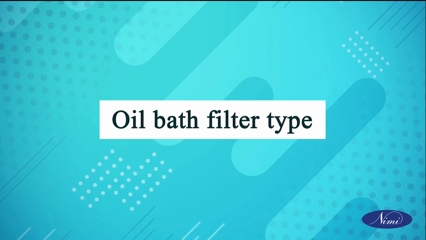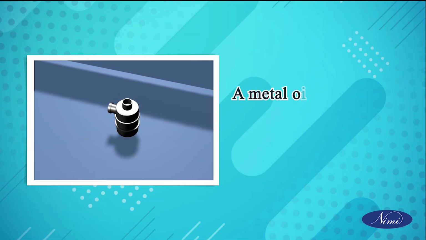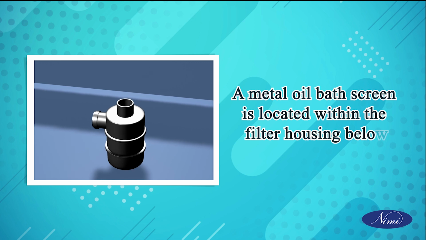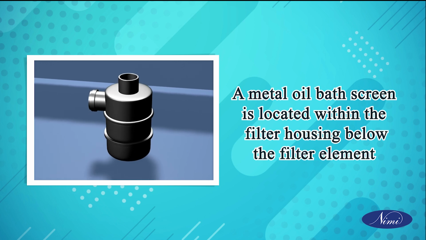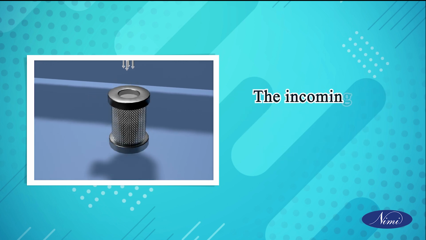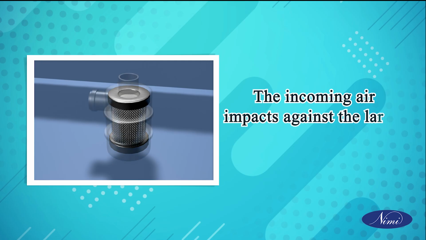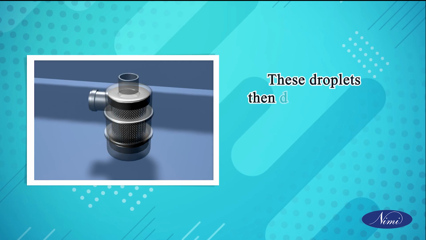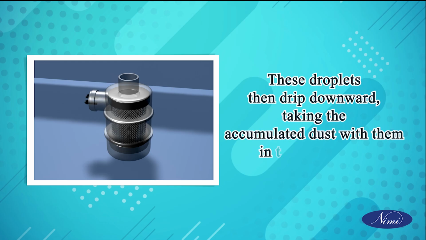Oil bath filter type: a metal oil bath screen is located within the filter housing below the filter element. The incoming air impacts against the large oil-covered surfaces. These droplets then drip downward, taking the accumulated dust with them into the oil bath.